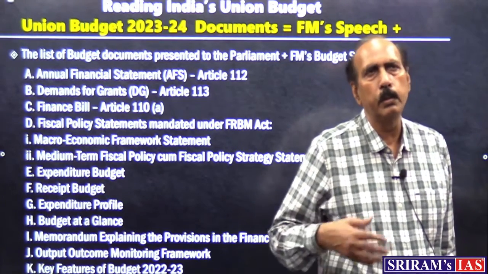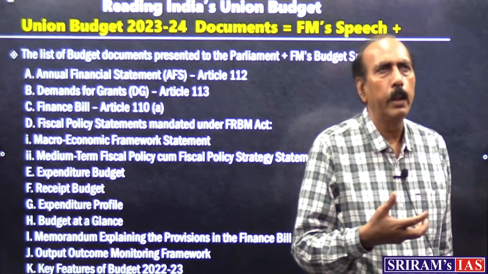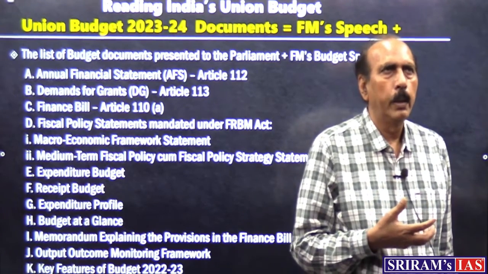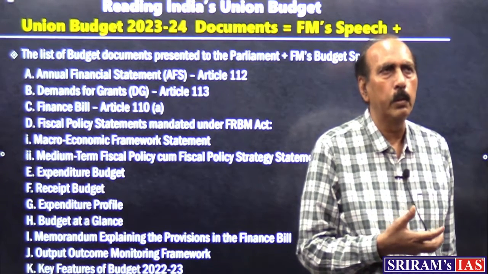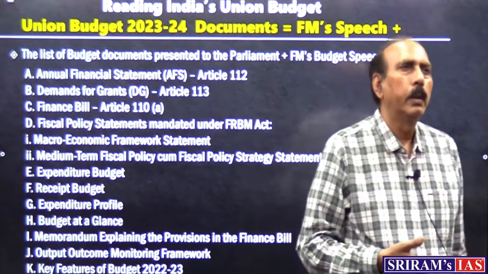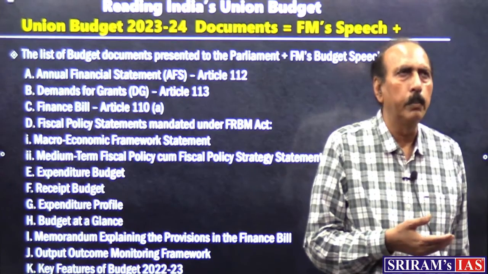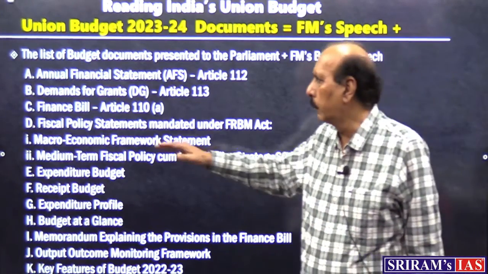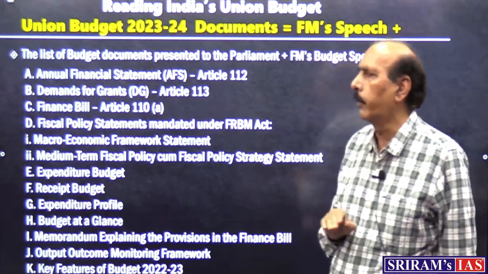And therefore each department and ministry is given a demand number, and the allocation made to them is recorded under that demand number. Under the demand number, the head-wise allocation given to them is recorded. And this is given in the demand for grants.